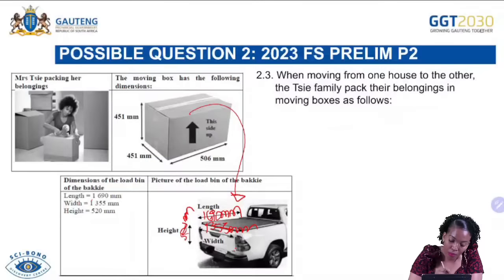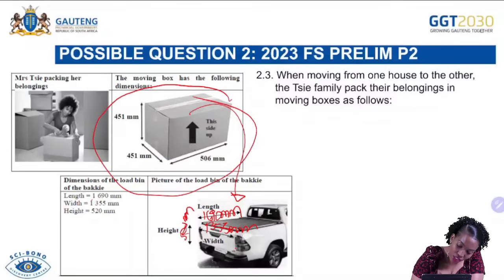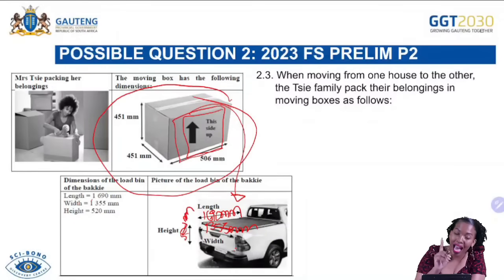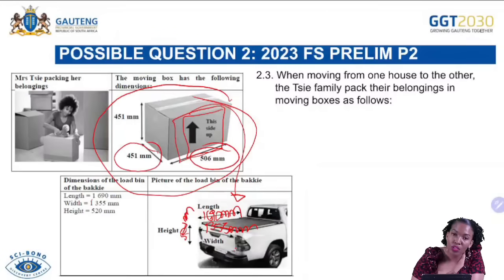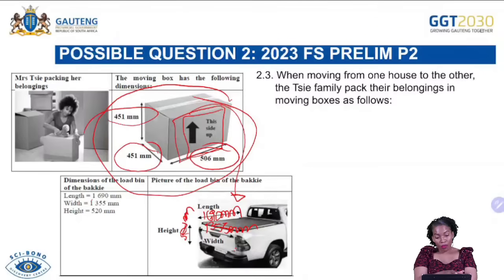And they are going to pack these boxes into the van. From the instruction on this box, these boxes will be packed facing up. You cannot put them any other way. This box also has the dimensions 506 millimeters, 451 millimeters, 451 millimeters. Now this is the section of packaging.